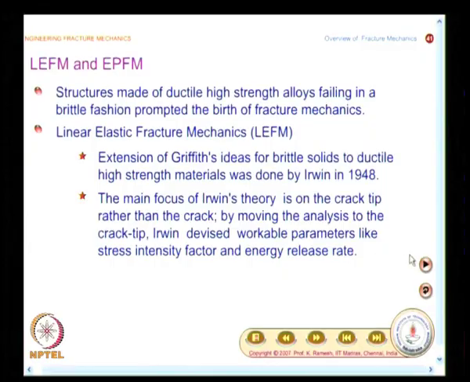Just because he shifted the focus to the crack tip, we were able to get relatively convenient parameters, because if you look at stress intensity factors, they have very funny units. Leaving that apart, compared to what Griffith was trying to say, what Irwin said was easier for people to understand.